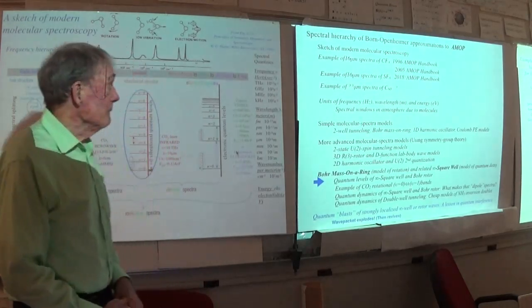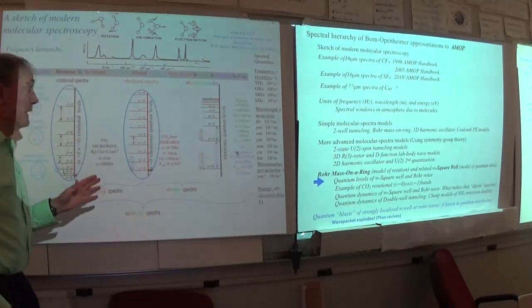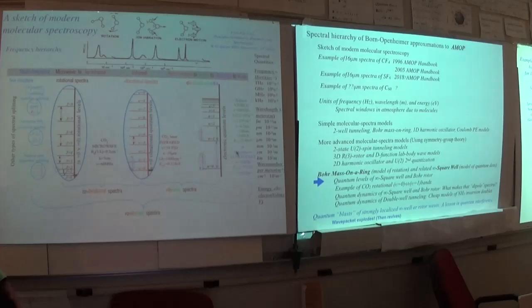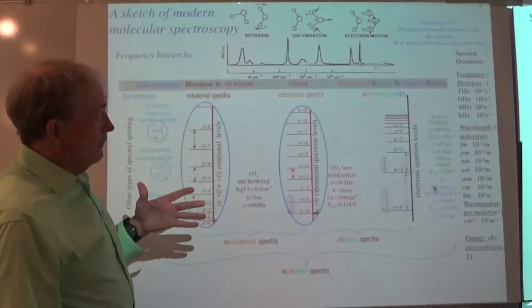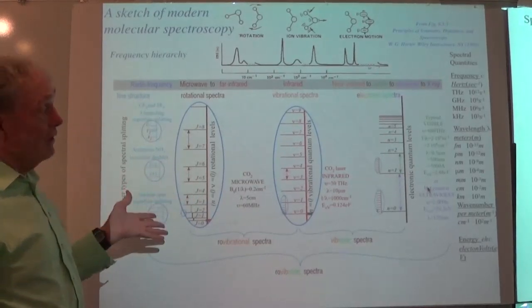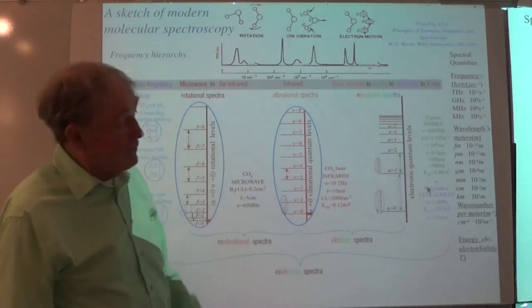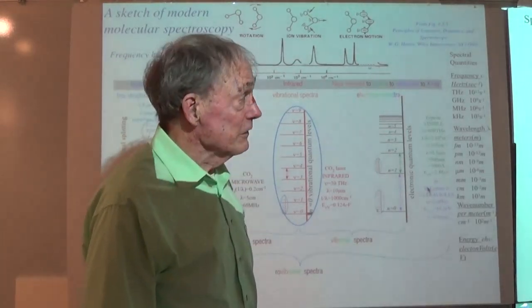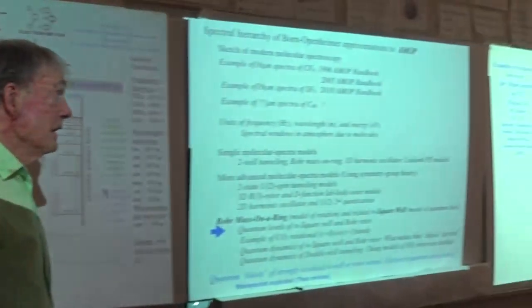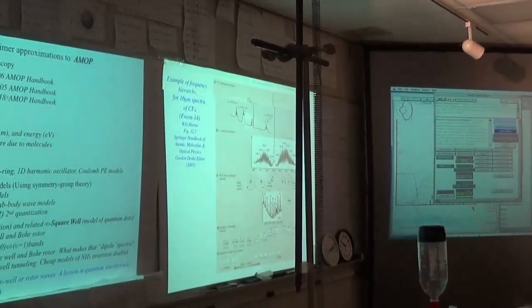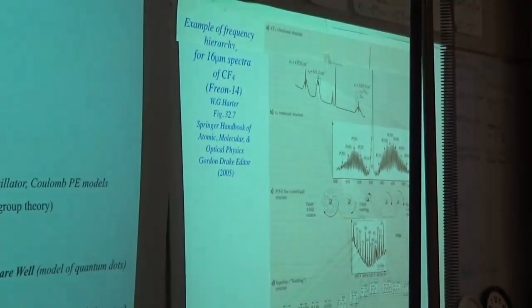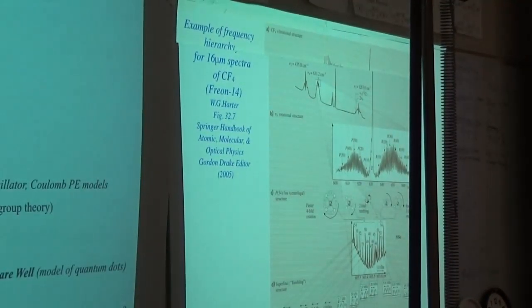In any case, the last time that we met, we just sketched out the frequency hierarchy, which is shown as a sketch here, and then a real example of it involving a molecule, Freon, out of the so-called Handbook of 2005, in the slide at the third screen here.